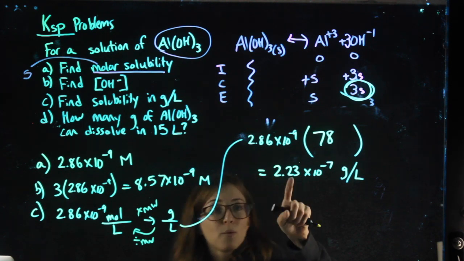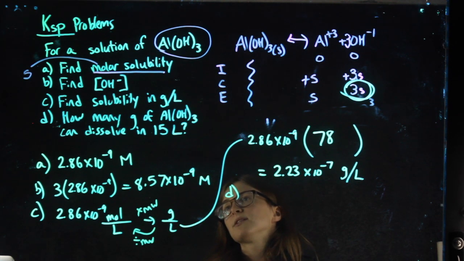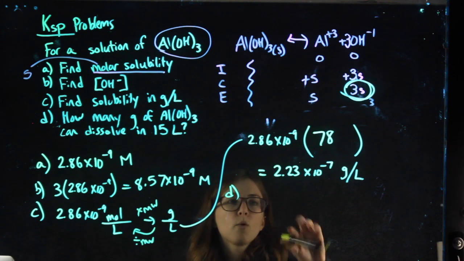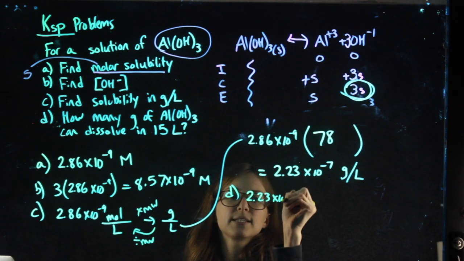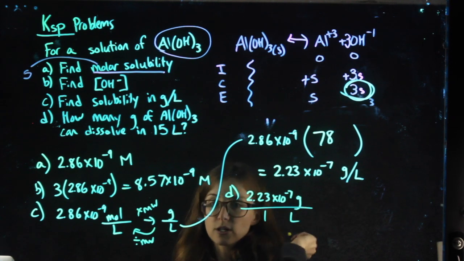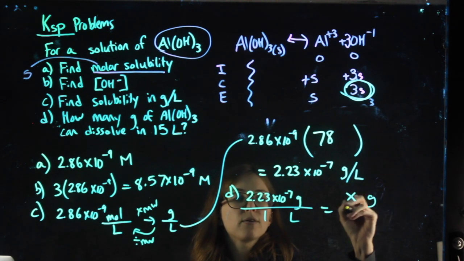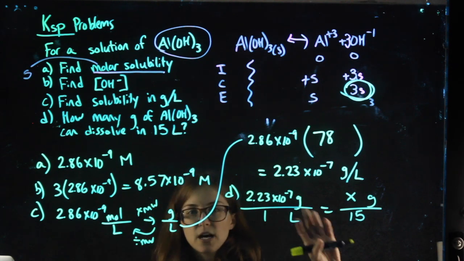Okay, we need this answer then to do part D, which is how many grams of aluminum hydroxide can dissolve in 15 liters. Well, I just learned that 2.23 times 10 to the negative 7th grams can dissolve in 1 liter. That's what this number means. I want to find how many grams can dissolve in 15 liters. A lot of people see other ways to do this.